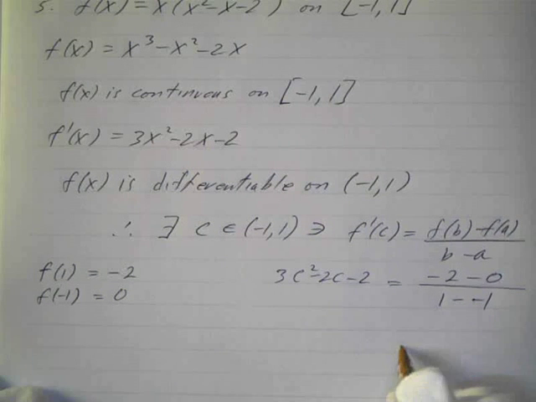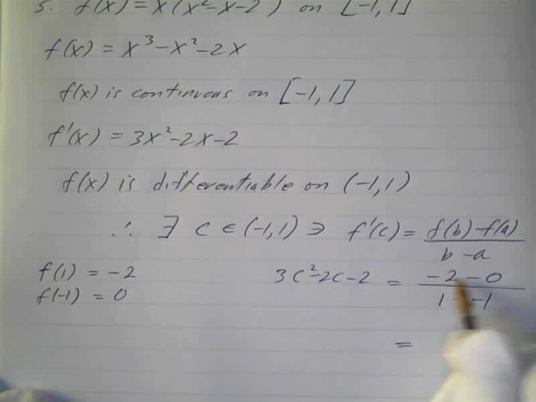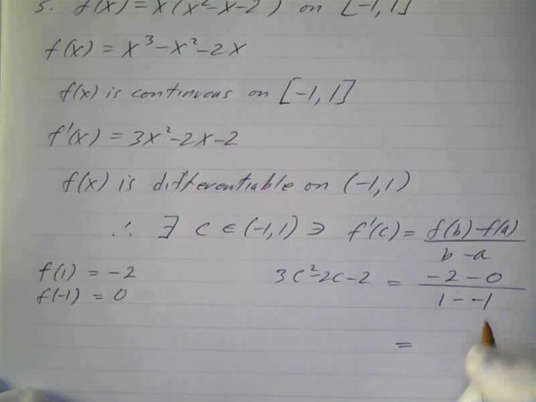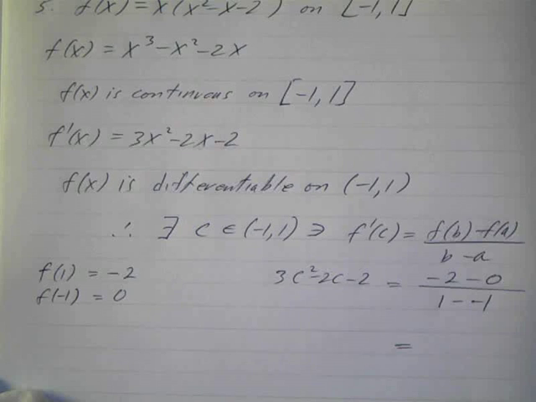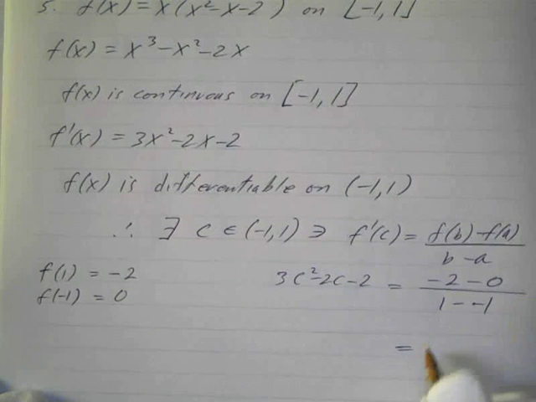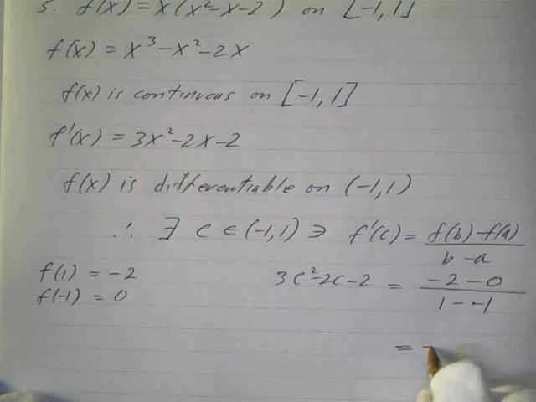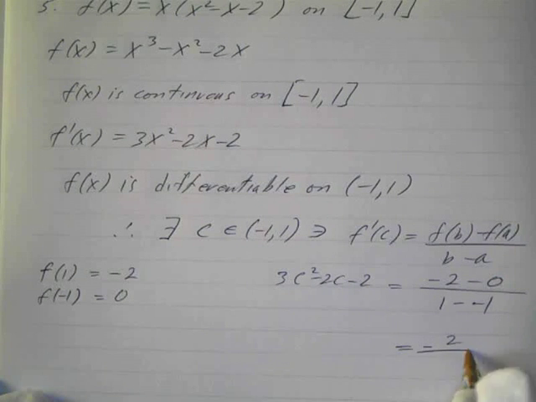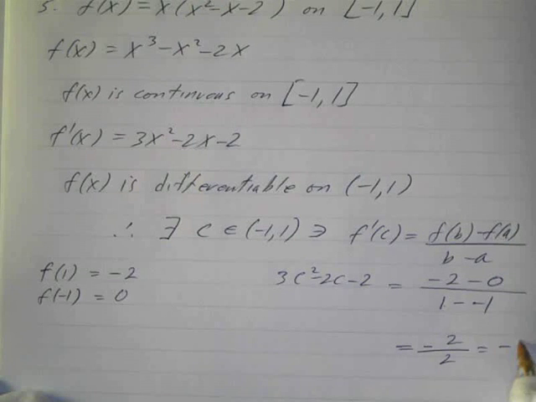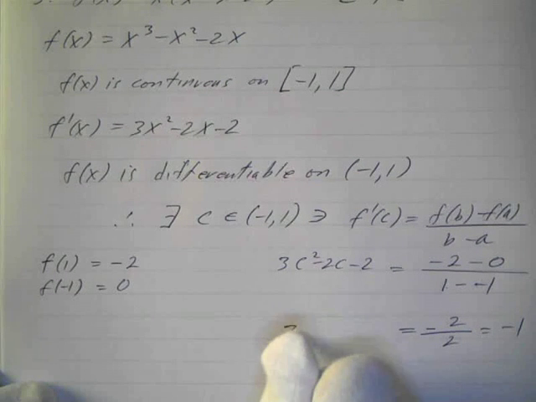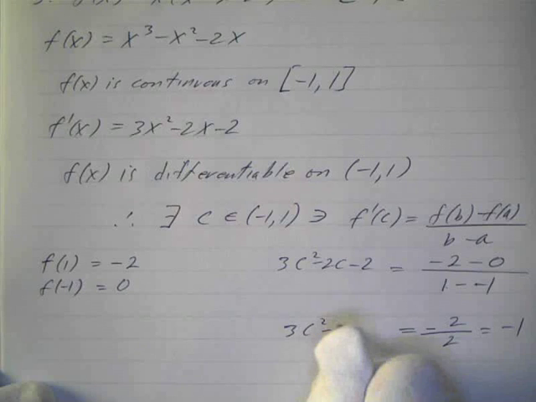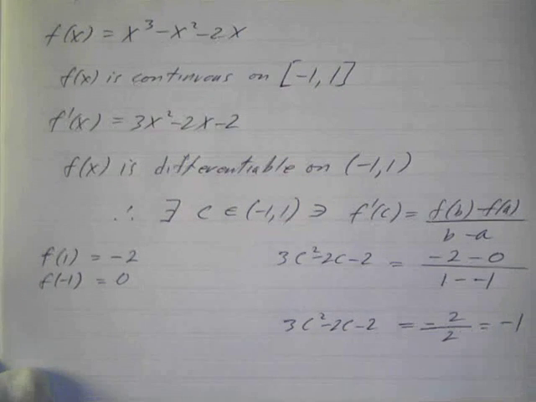So that's going to end up being -2 over 2, since 1 plus 1 is 2, which is just -1. So I've got 3c squared minus 2c minus 2 equals -1.